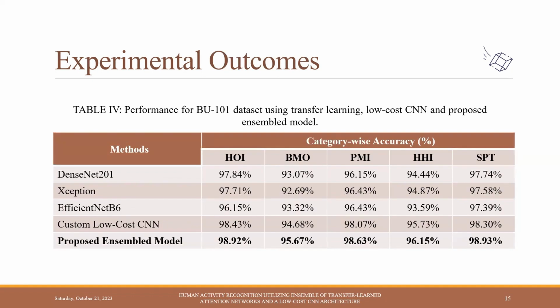Okay, let's now talk about the View 101 dataset. The past results that you have seen were for the Stanford 40 actions dataset, and this is the result for the View 101 dataset. You can see here the class-wise accuracy for each of the 5 categories, and in all those categories, the proposed ensemble model is working better.